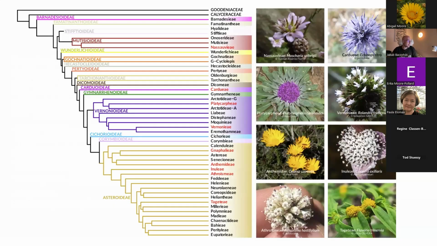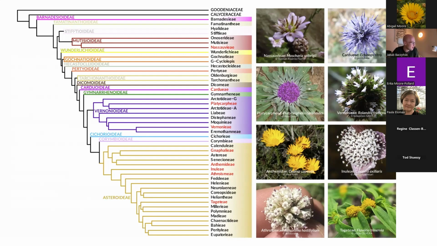So the first thing that's worth discussing is the phylogenetic diversity of secondary heads in Asteraceae, because as far as I know, there hasn't been any work that focused on secondary heads as a phenomenon across all Asteraceae. There are some isolated publications that deal with specific lineages, specific tribes.